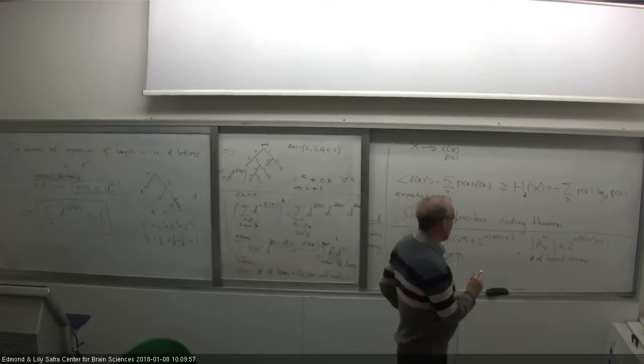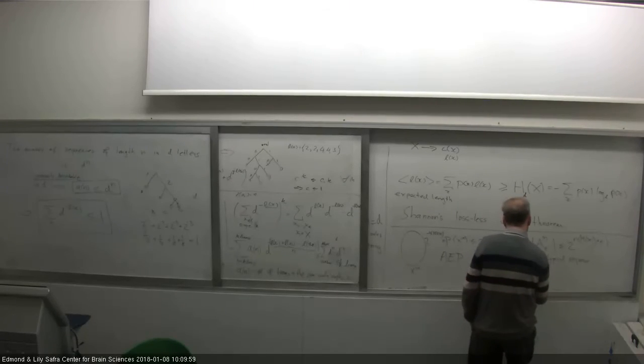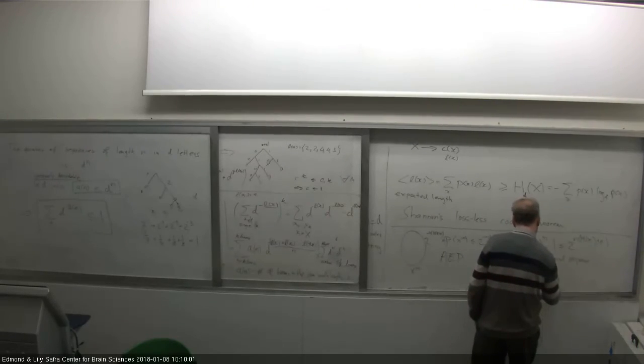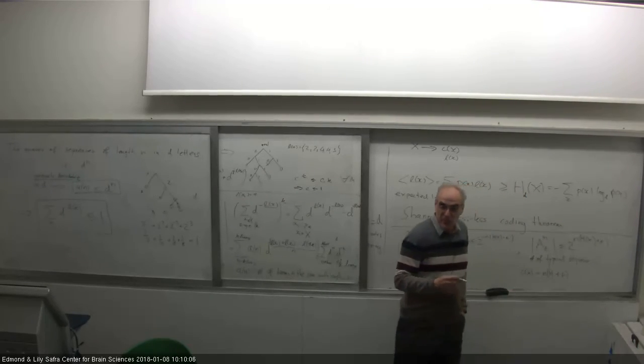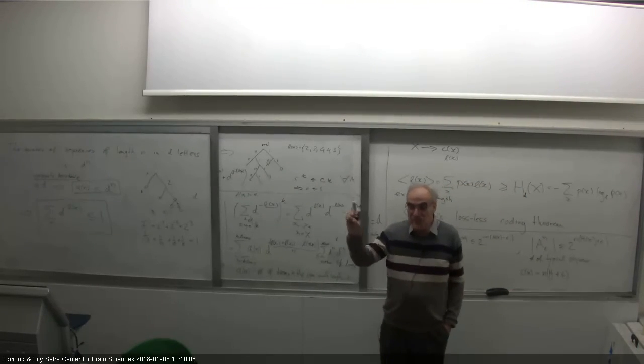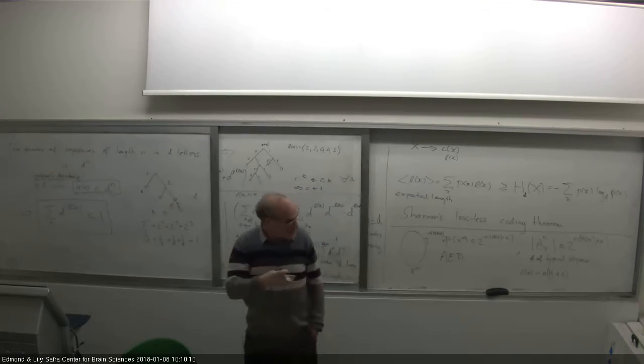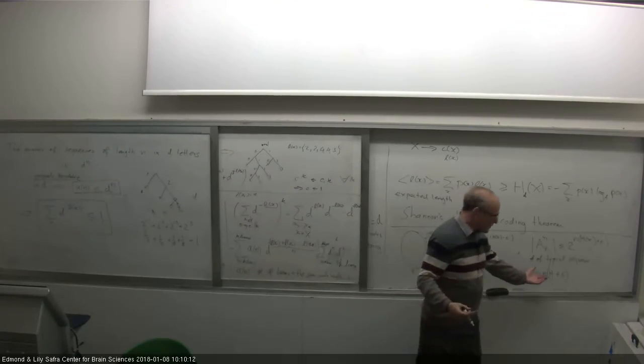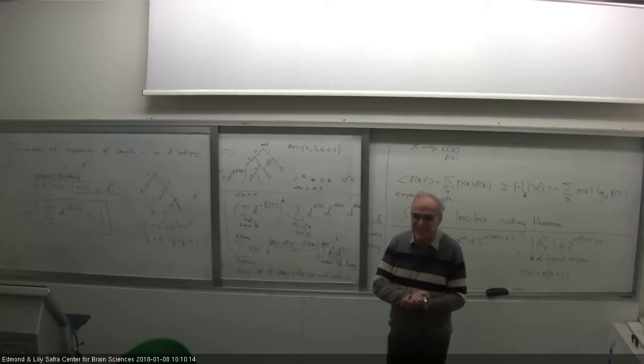If my code words are going to be nH plus epsilon, so I'm using slightly more than nH bits for my code, and this should of course be an integer number, so take the integer larger than this.